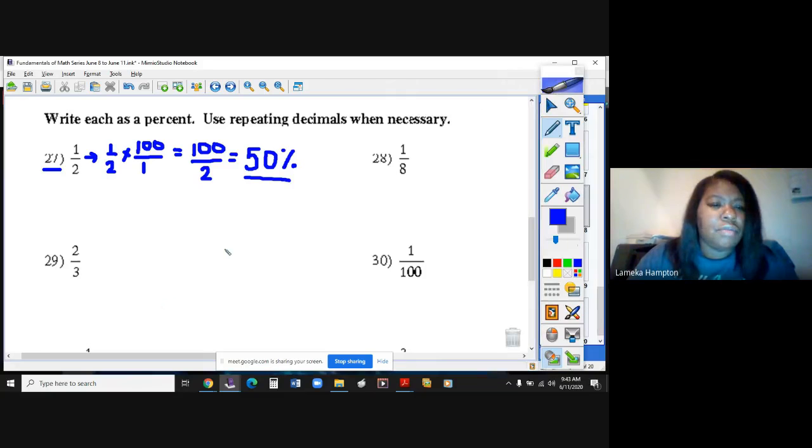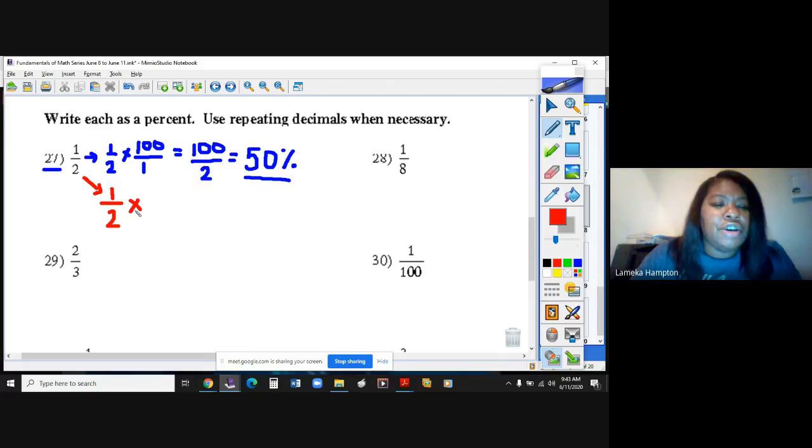Now, the other way that I could have done this, I'm going to use the color red now. I know that 2 is a factor of 100. So that means I can find a number that if I multiplied it by 2, it would give me 100.